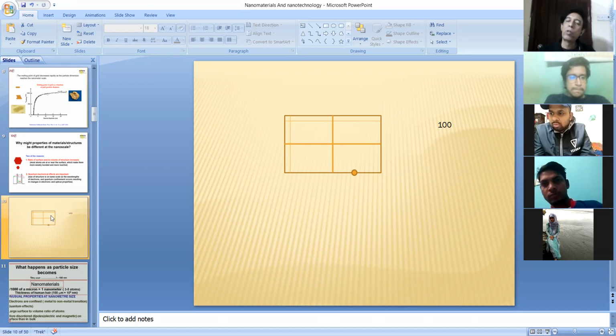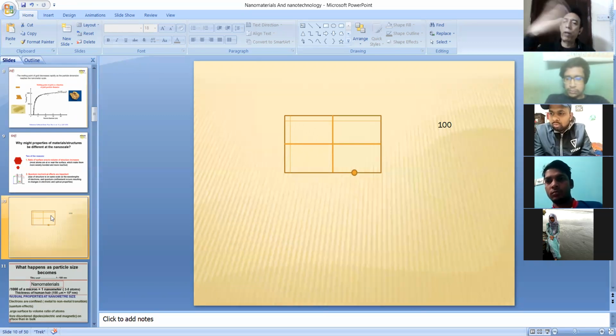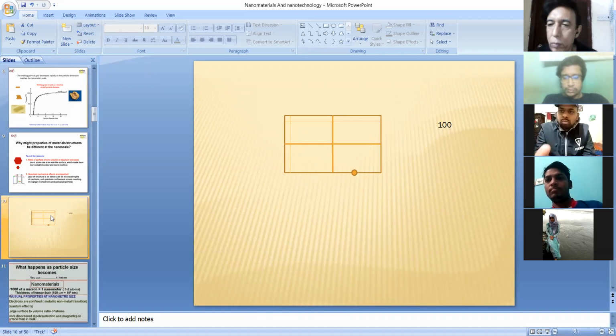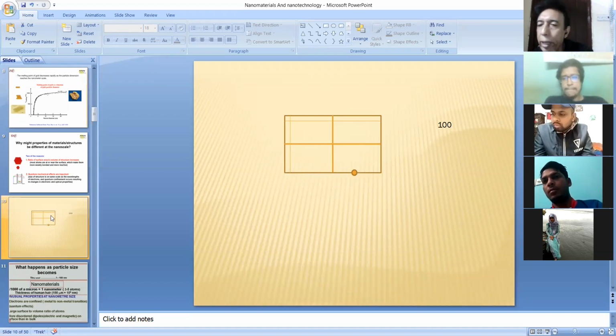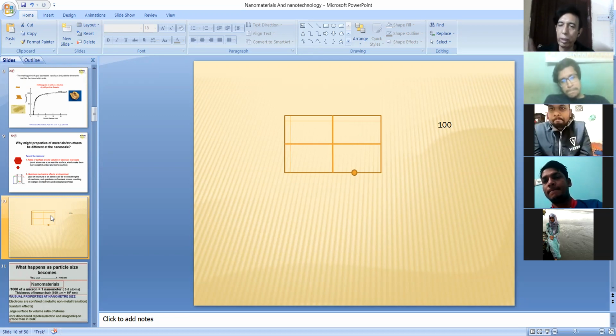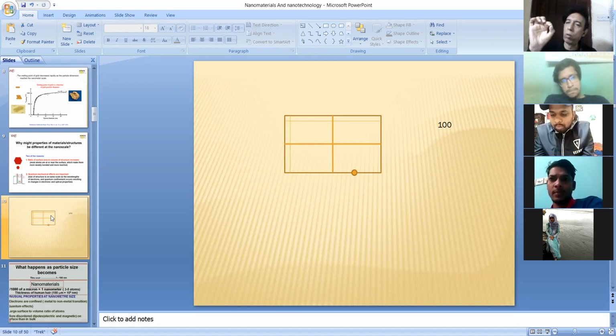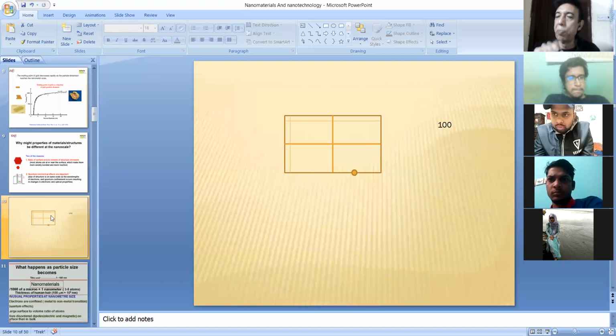But in nanoscale you cannot say give me half a molecule of water, because in nano, say for example in a 10 nanometer water, you'll get, say, 5 water molecules. Here you have to say give me 1 water molecule, or 5, or 10 water molecules. That is quantum. So when you are going to small, you can count them by 1, 2, 3, 4, 5.